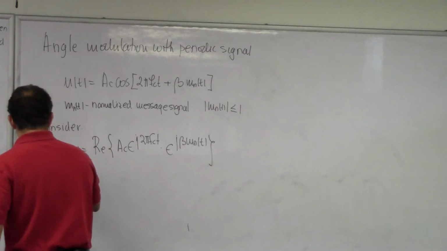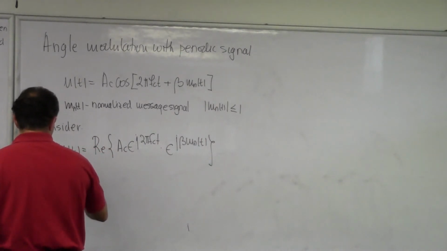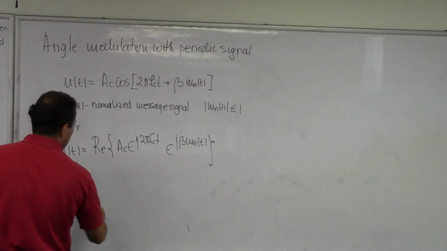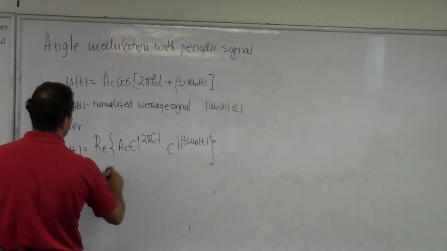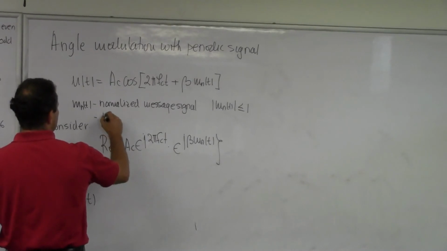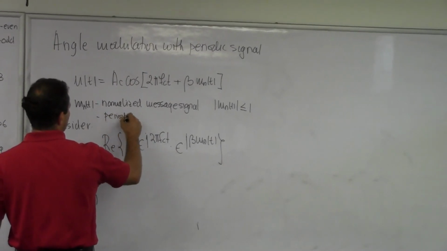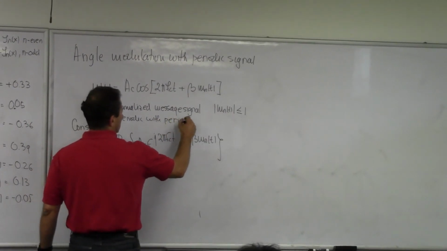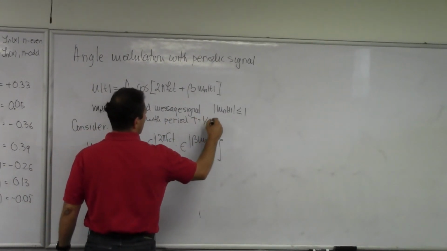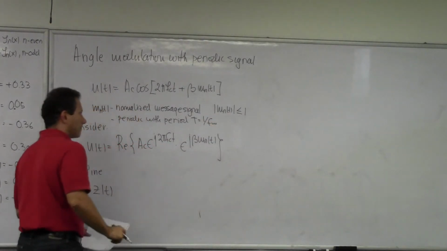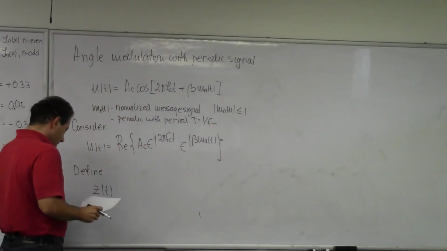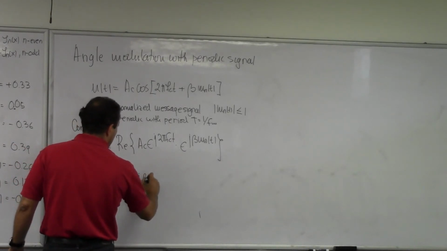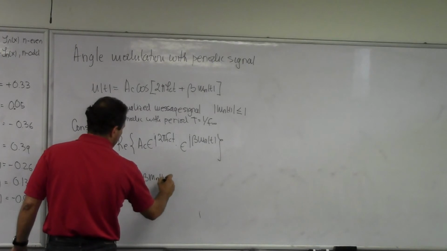Now I'm going to define a signal z of t. Also, mn of t is periodic with period T, which is 1 over fm. So define z of t, which is e to the j beta mn of t.